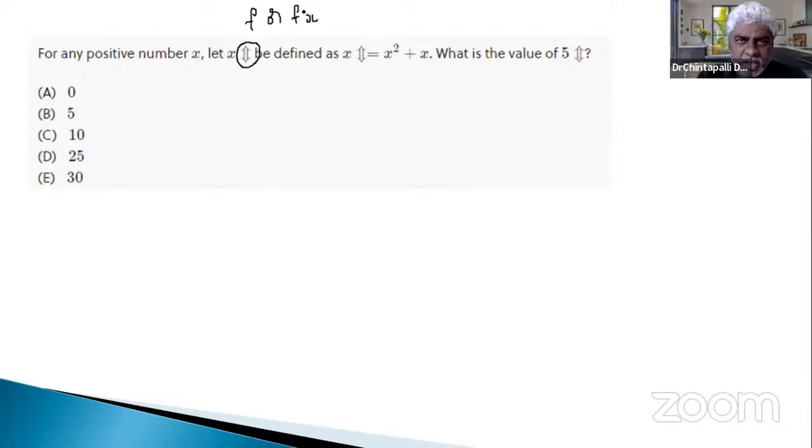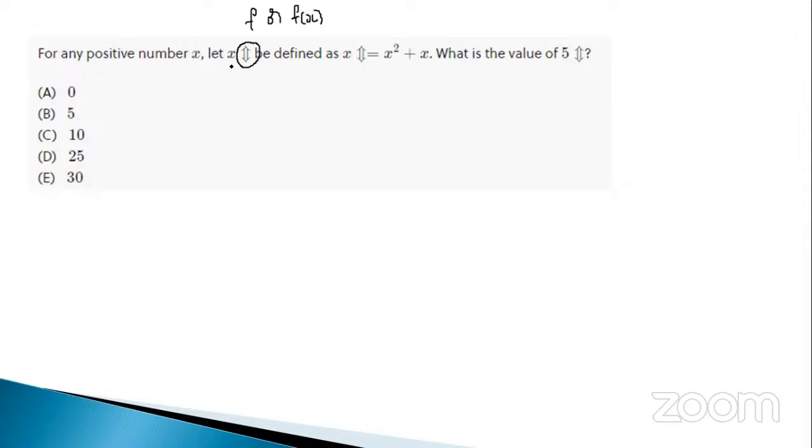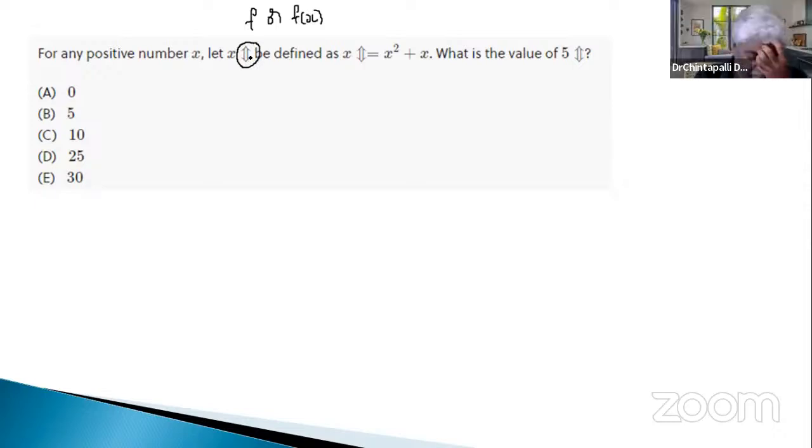But we may expect unknown symbols to be used to test our knowledge. For whatever unknown symbol is there, you can imagine that is f of x or something like that.